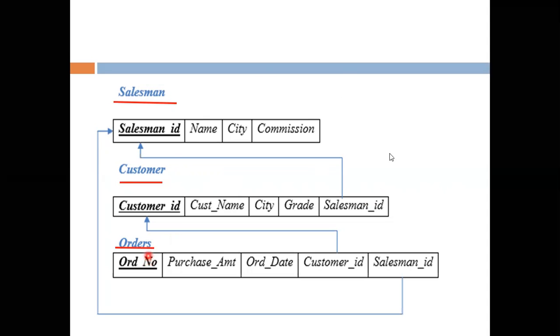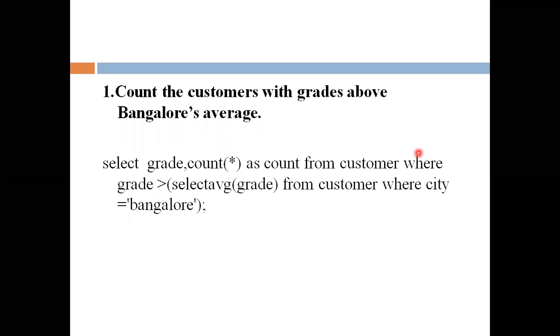Similarly, order number will be the primary key. And this is the logical representation, I mean the basic idea behind the relational model, how all the three tables are connected, linked, and related to each other. Now let us discuss the queries one by one.